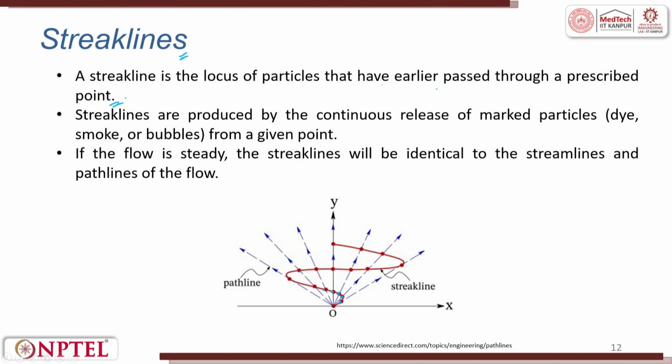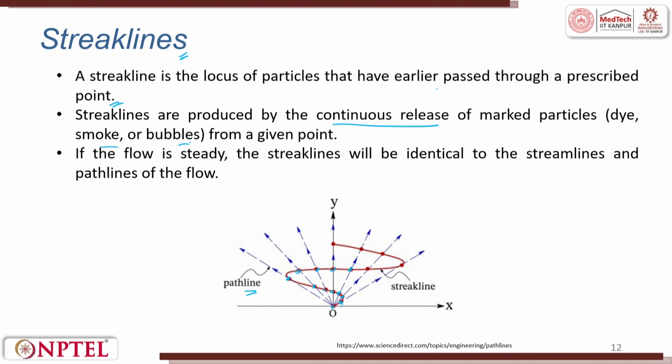So, you can see here, this is the point, and the line which passes through it is called a path line. Streak lines are produced by continuous release of marked particles such as dye, smoke and bubbles.